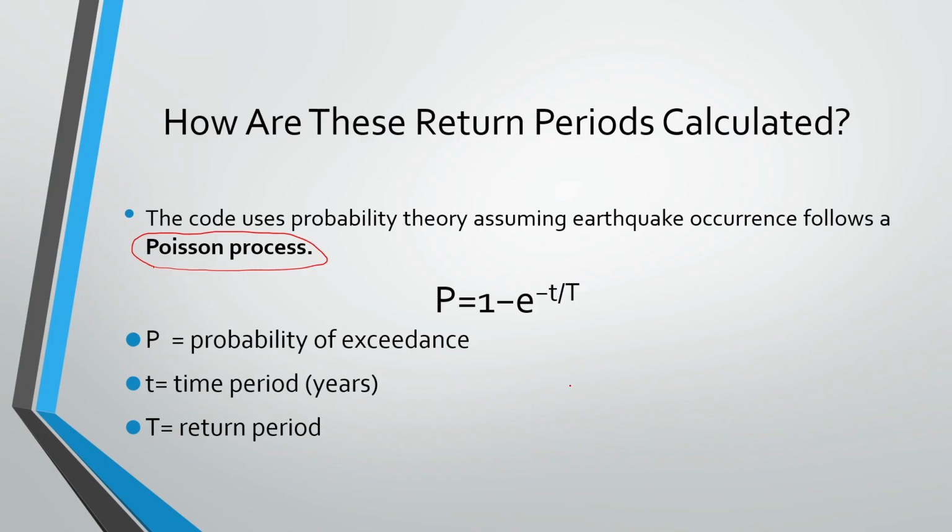The relationship is given here: P is equal to 1 minus e raised to minus t upon T. Here P is the probability of exceedance, small t is the time period in years, and capital T is the return period of the earthquake.